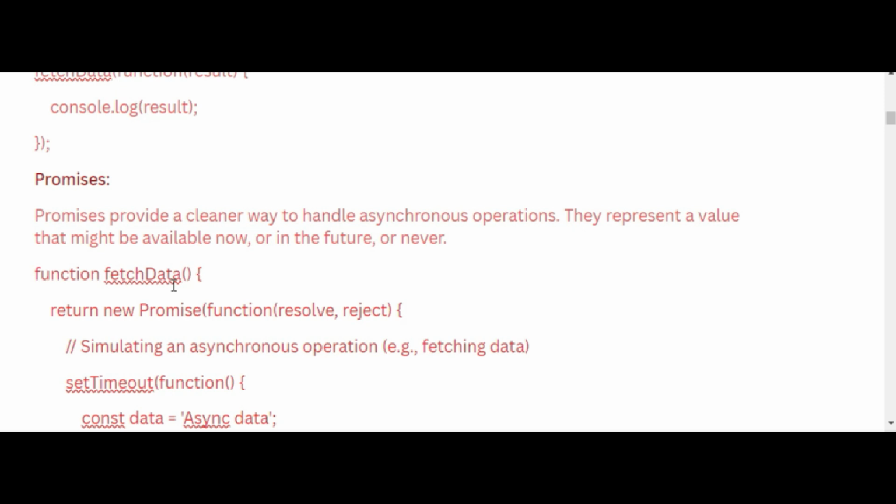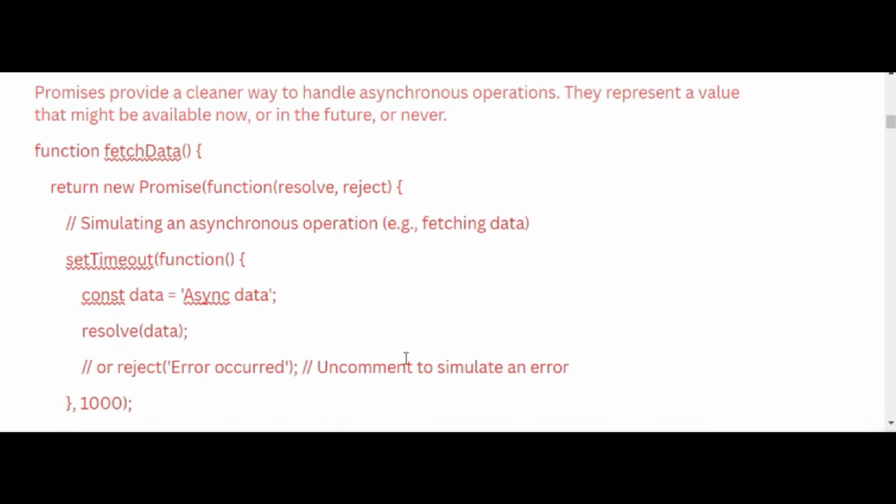Function fetchData() { return new Promise(function(resolve, reject) { simulating an asynchronous operation, example fetching data. setTimeout(function() { const data = 'asynchronous data'; resolve(data); or reject('error occurred'); uncomment to simulate an error }, 1000). It is code of this.